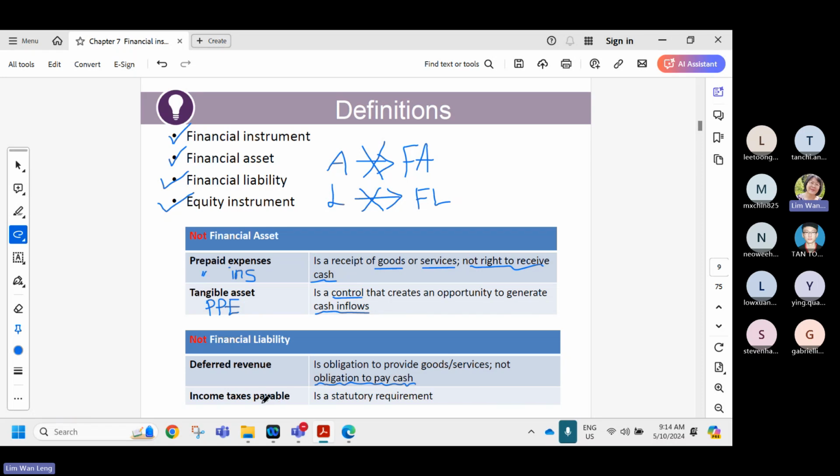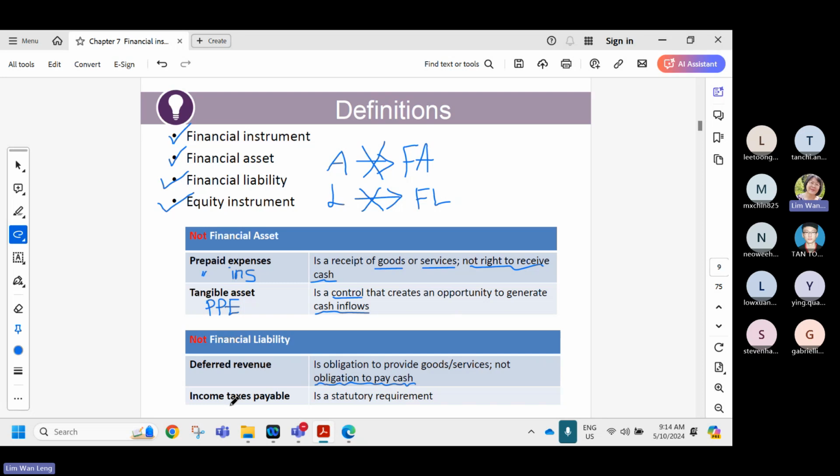Income taxes payable. This is quite common in our SOFP. Usually we will have current liabilities, taxes payable. And taxes payable, even though you have an obligation to deliver cash, this obligation is not a contractual obligation but a statutory obligation, which means that the income tax act or the law requires you to pay taxes.